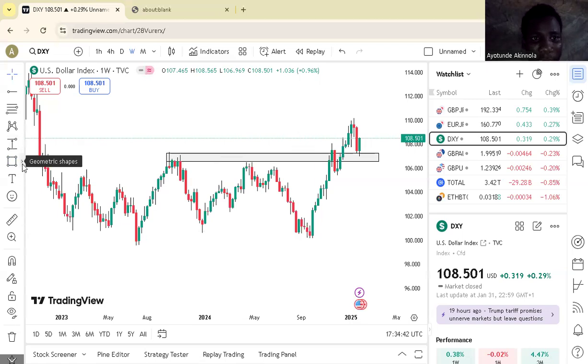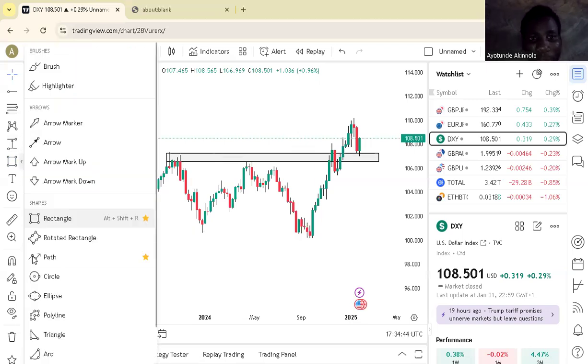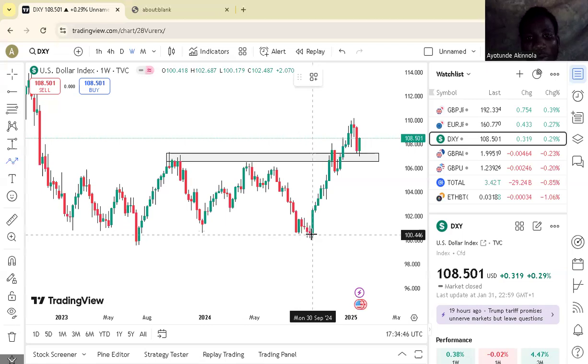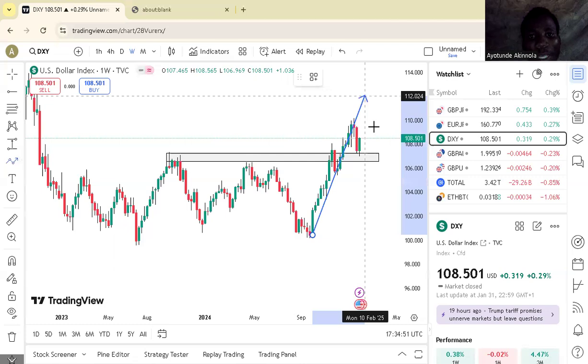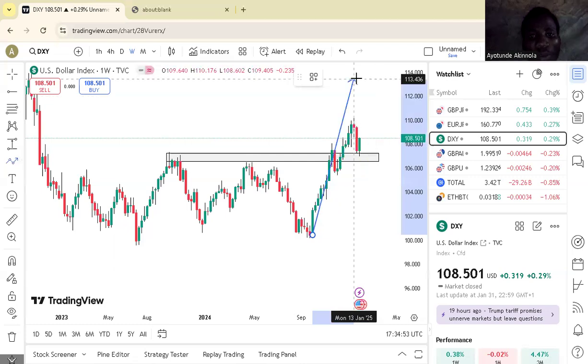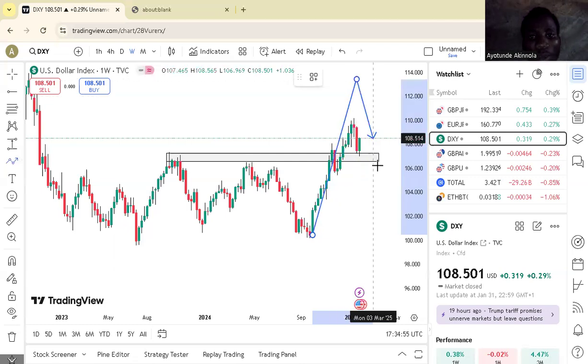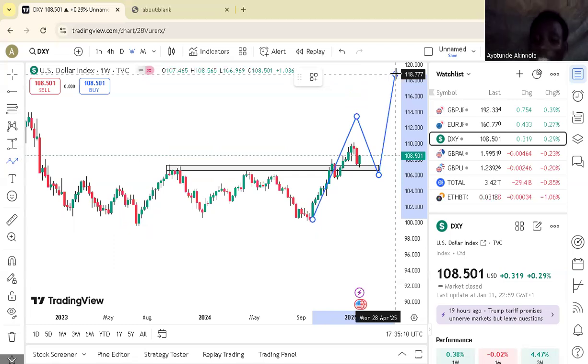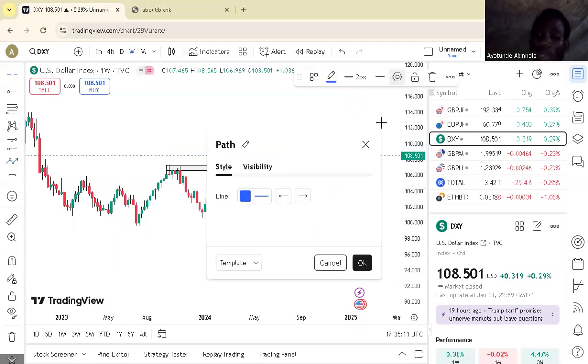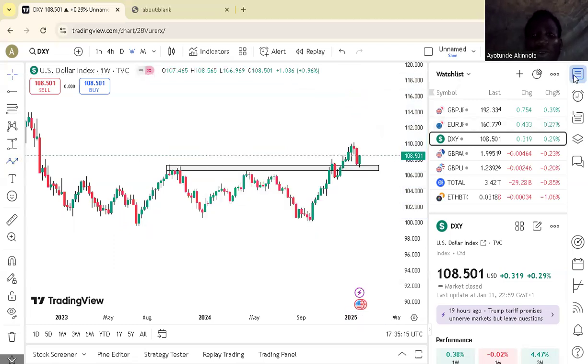As price has moved this way, we're expecting price to do something like this, then return back up. So this is what I'm seeing. Let me delete this, and let me close this so it will be full screen.